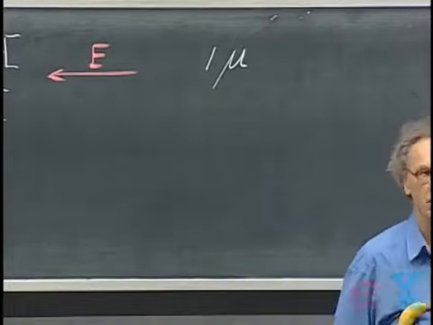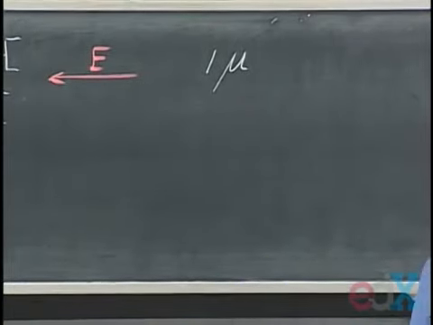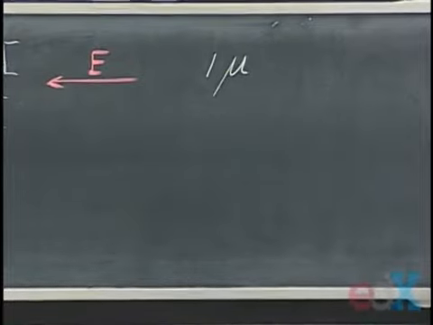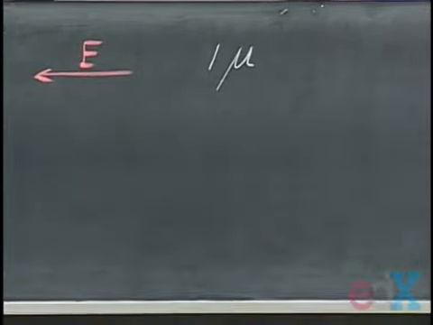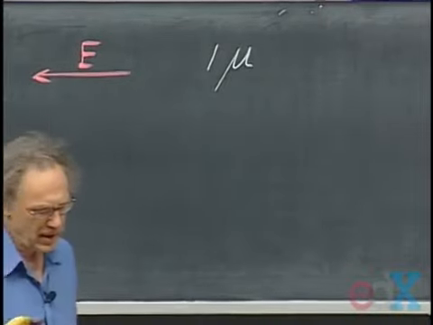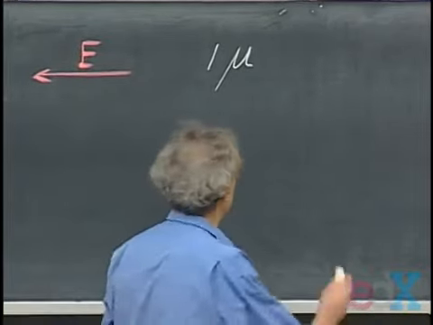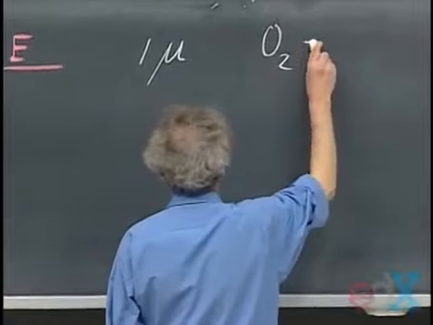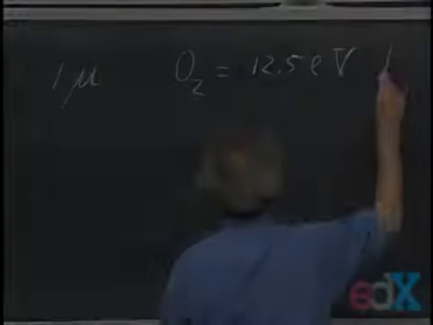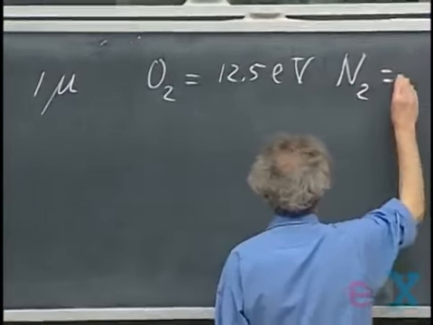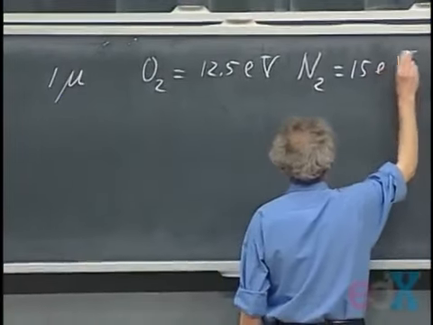It's just a given. On average, sometimes a little more, sometimes a little less, because it's a random process, of course. To ionize nitrogen, to ionize oxygen takes energy. To ionize an oxygen molecule takes 12.5 electron volts, and to ionize nitrogen takes about 15 electron volts.